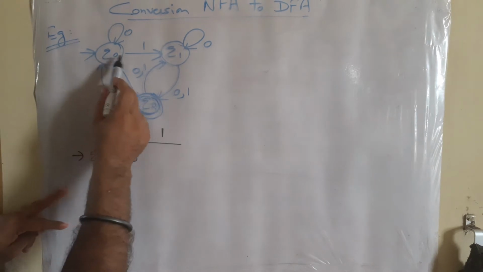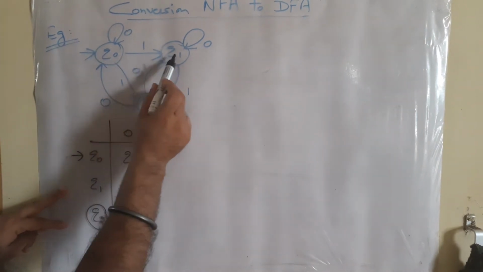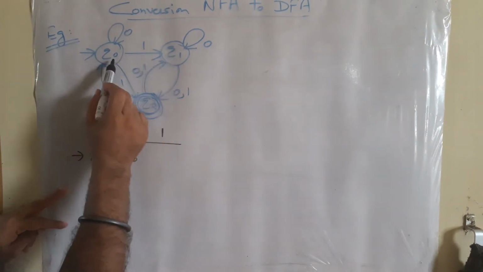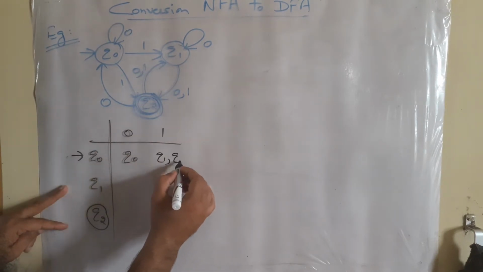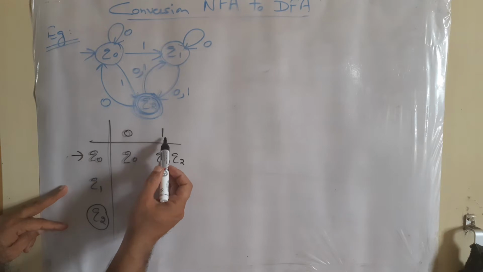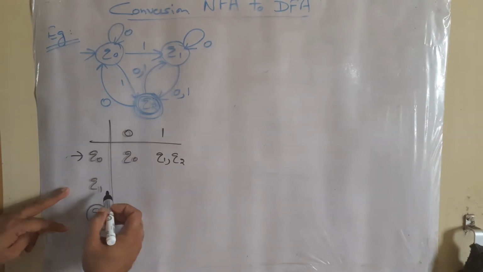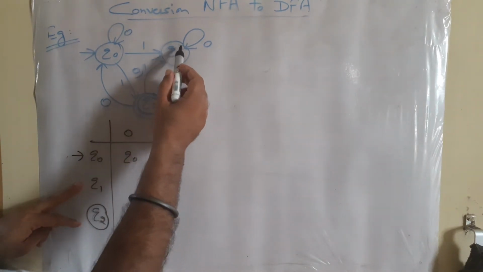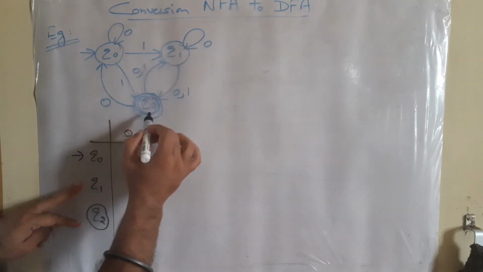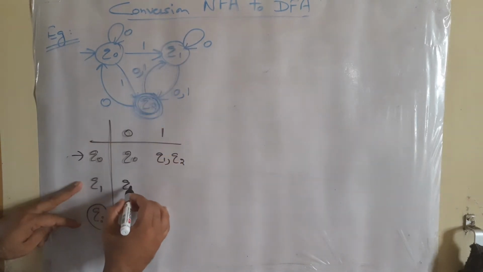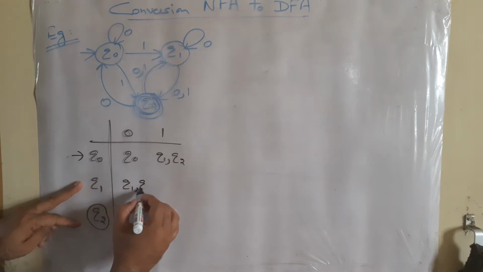With input symbol 1, Q0 is able to move towards Q1 as well as Q2, so two states are there with respect to only one input symbol 1. For Q1, you can observe that with respect to 0 it can remain at the same state as well as move towards Q2. So Q1, Q2.